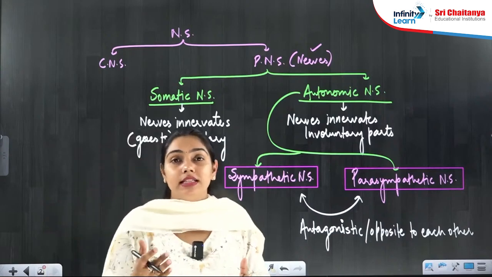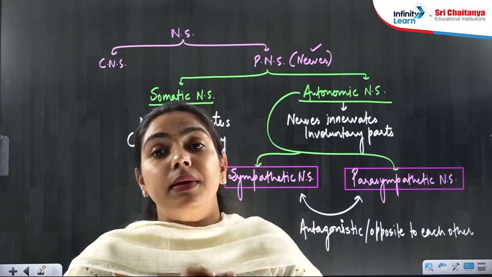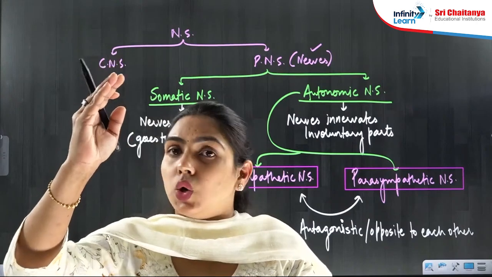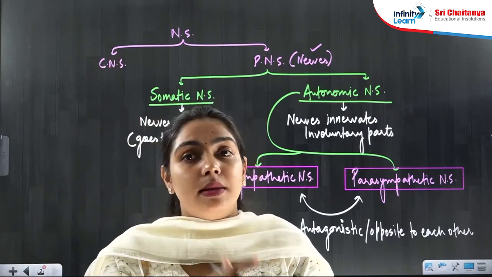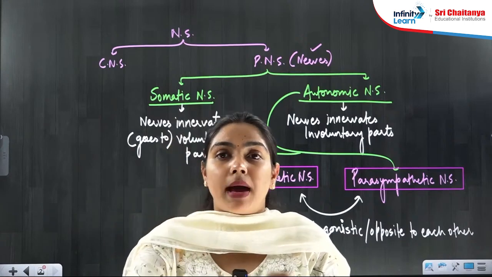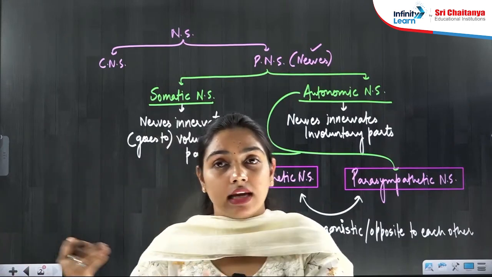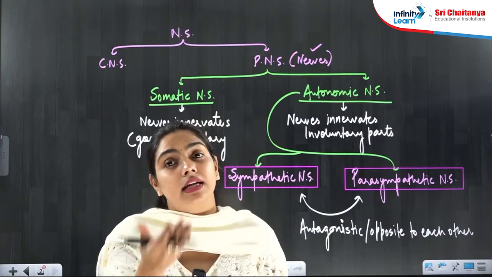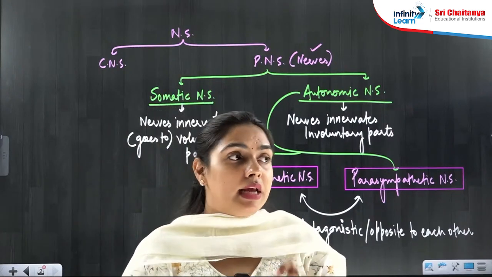So it is not that the sympathetic will always be stimulatory. At some internal organs, sympathetic can be stimulatory and parasympathetic inhibitory, but in other parts, parasympathetic can be stimulatory and sympathetic inhibitory.